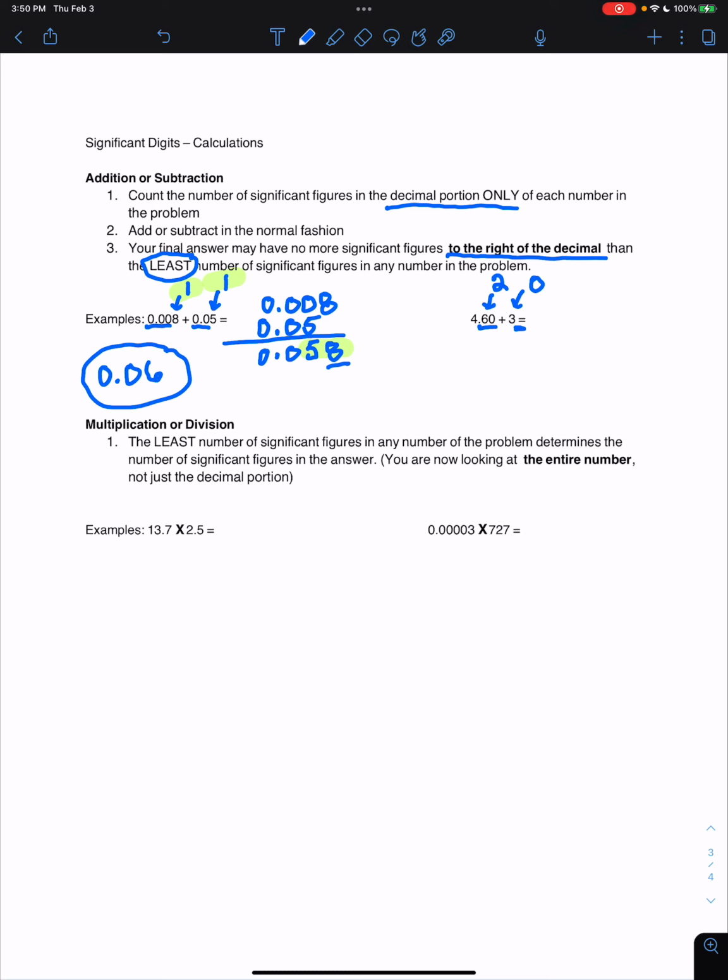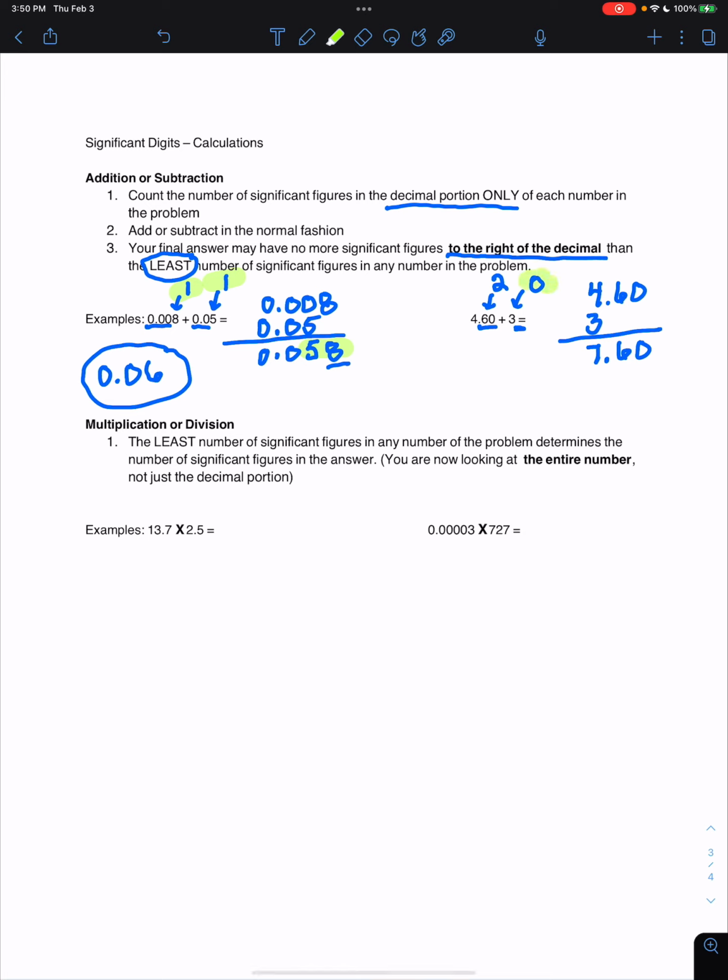Now we're going to do our addition. 4.60 plus 3, we end up with 7.60. Now our final answer can have no more significant figures to the right of the decimal than the least number of significant figures in any number in the problem.